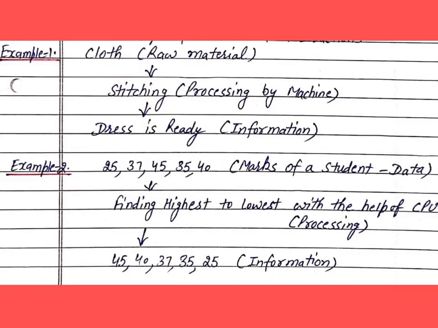Then finding highest to lowest with the help of CPU is known as processing. And in last, 45, 40, 37, 35, 25 is the result as information.